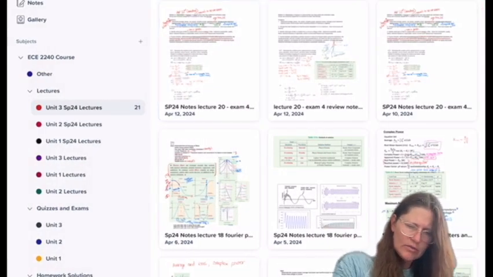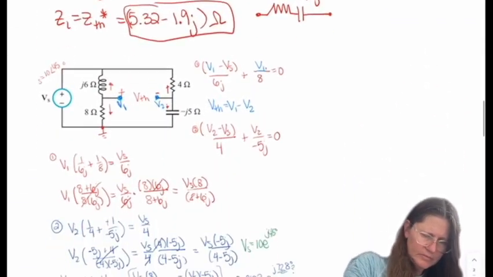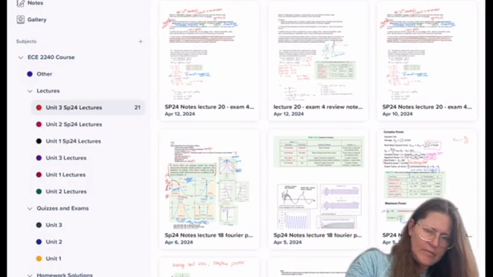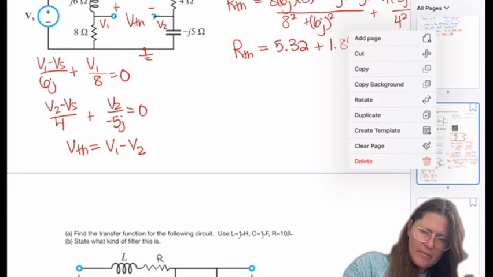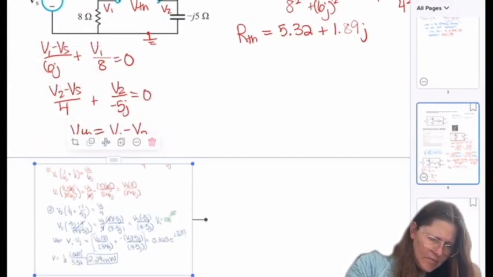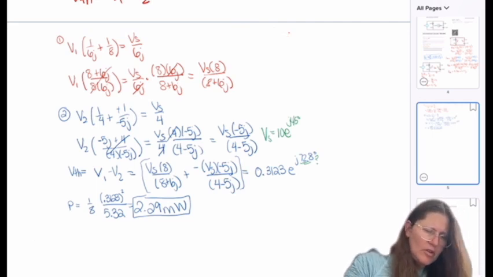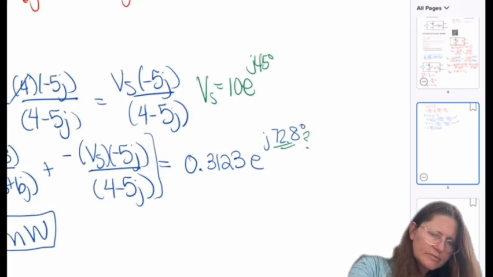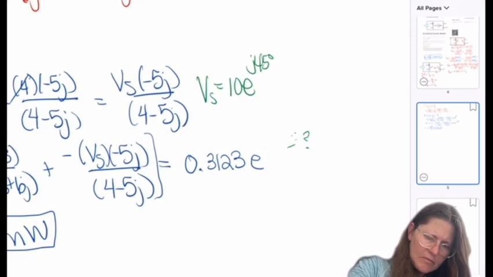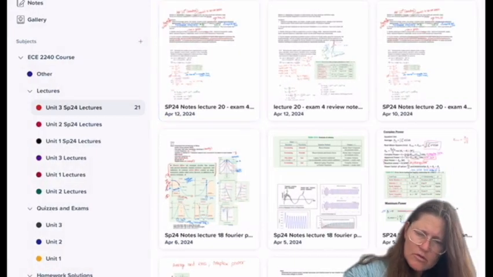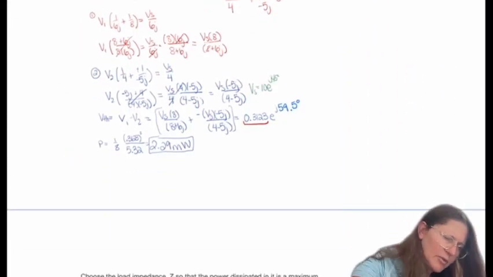And solving that, we end up with, solve for V1 and then solve for V2, and then plugging those in, you get 0.31 at 59.5 was what that ends up being.